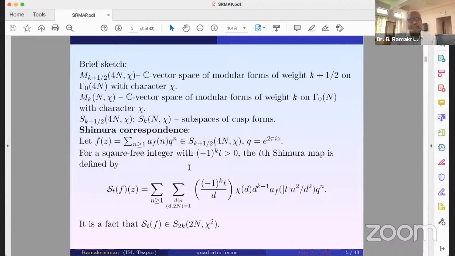Then for a square-free integer t with (-1)^k t positive, the t-th Shimura map is defined by S_t(f) given by this formal sum: the sum over all n, over d dividing n, of chi(d) (-1)^k t over d, d to the power k minus 1, a_f(|t| n squared over d squared), times q to the power n. The condition (d, 2N) equal to 1 is not needed when you put the character here, because chi is a character modulo 4N. If chi is a trivial character, we have to put this condition. It is a fact that S_t(f) belongs to the integral weight cusp forms S_{2k}, of level 2N and character chi squared.